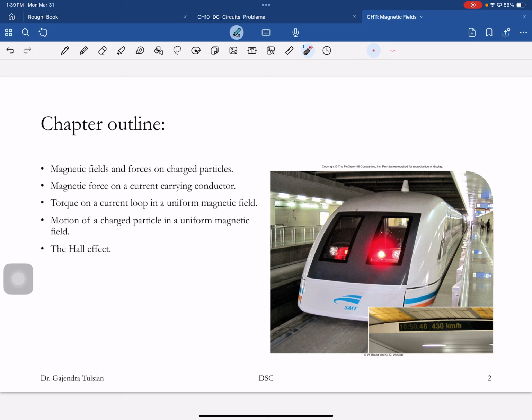So you will learn some of these topics: magnetic fields and forces on charged particles. That's the main punchline. Magnetic forces on a current-carrying conductor. If you have a conductor carrying current, there's a whole bunch of moving charges, and if you place it in a magnetic field, it'll feel a force.